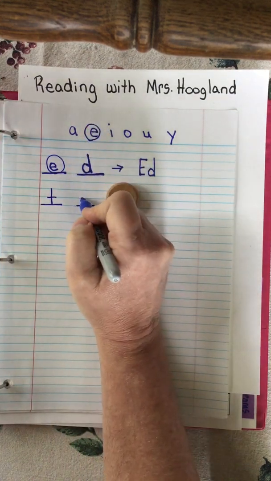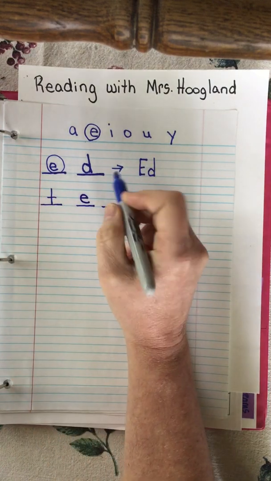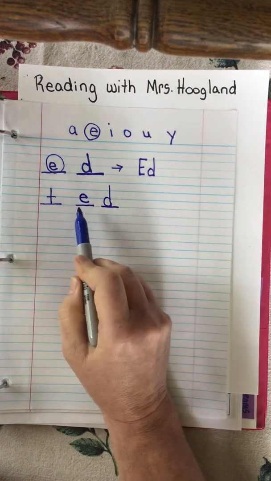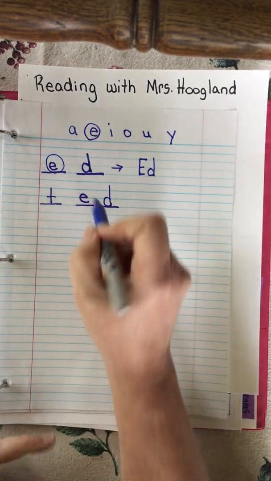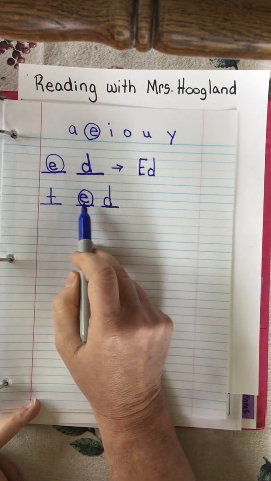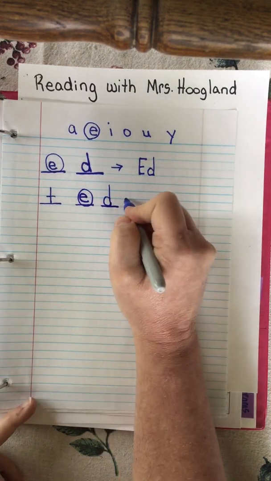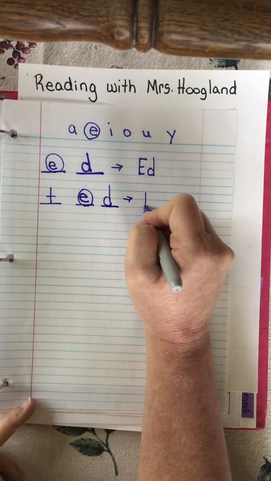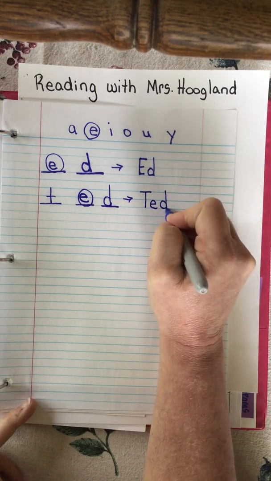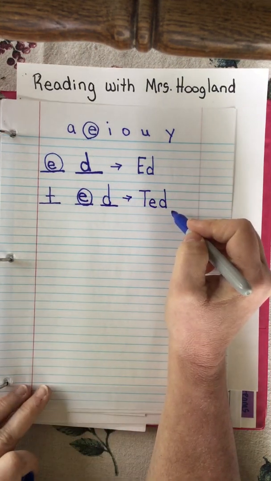Eh. That's what we're working on. You got it. And D is our last sound. This is not a word until we can blend it together. Right now, they're individual sounds. So let's put this together now. I have t, eh, te, and I have t, ed, Ted. What is my word? Ted. And I'm actually going to capitalize this one as well because it is also a name. So we have Ed and Ted.